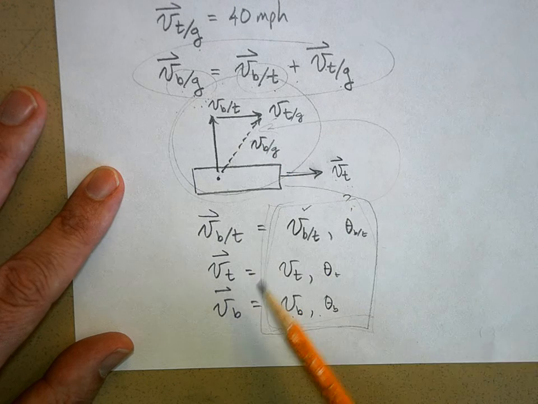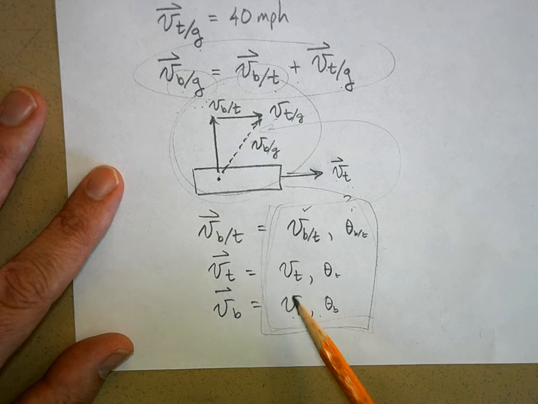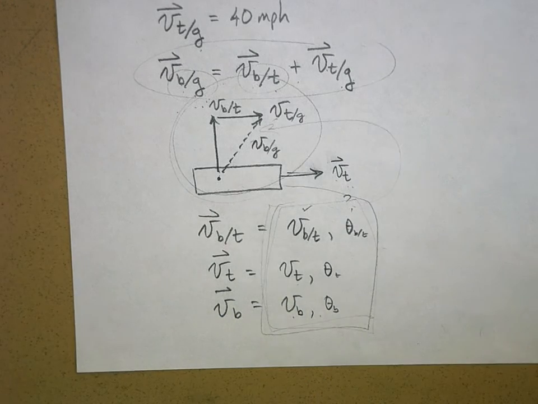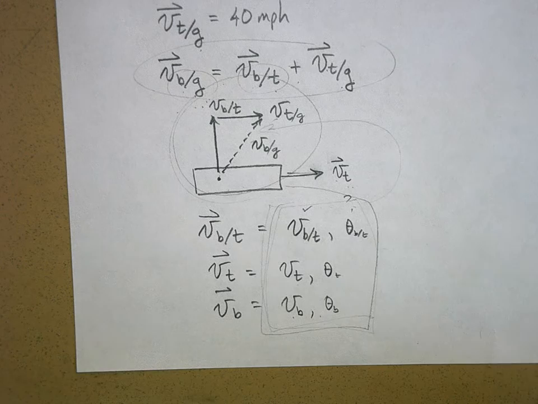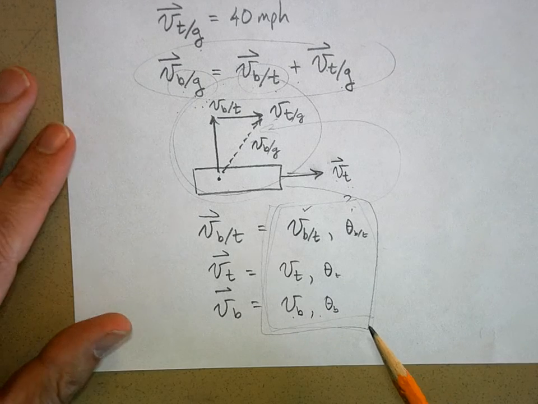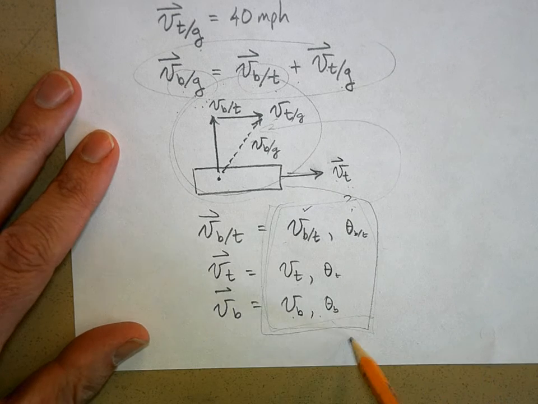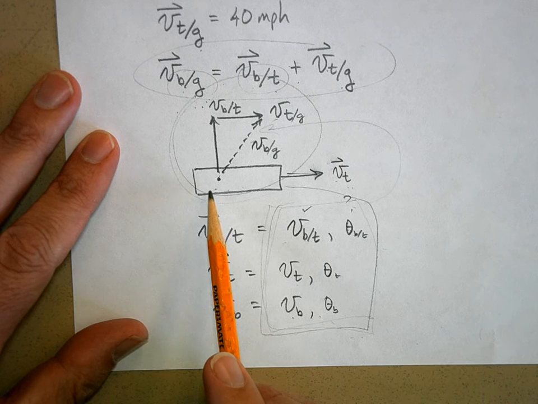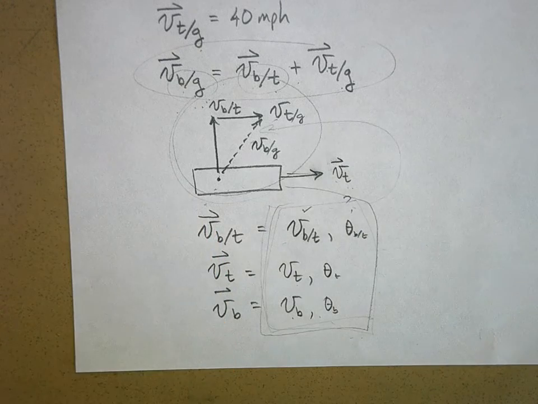Now, by the way, if the moving reference frame and the velocity of the object in that moving reference frame are lined up, it's not going to make a triangle, it's going to make a straight line, when you add up the vectors. But chances are, this is AP physics, so these things are not going to be lined up. They'll give you any one of these, but they will give you enough information so that you can construct this triangle. And of course, once you have a triangle, you can solve any vector equation.